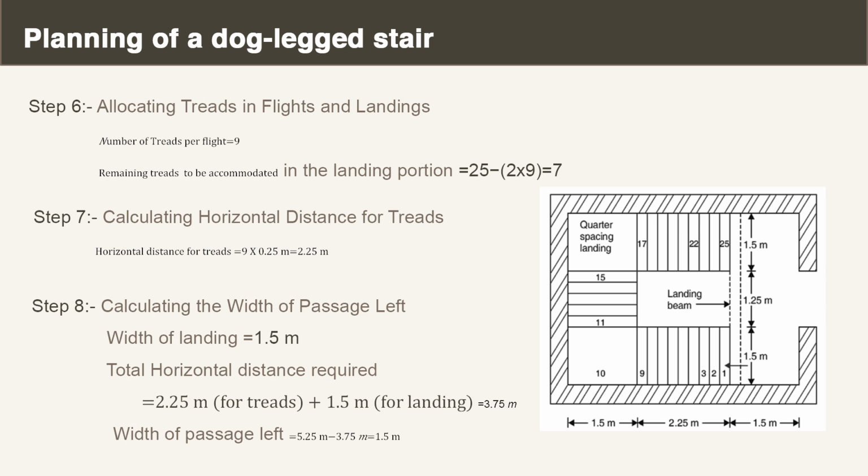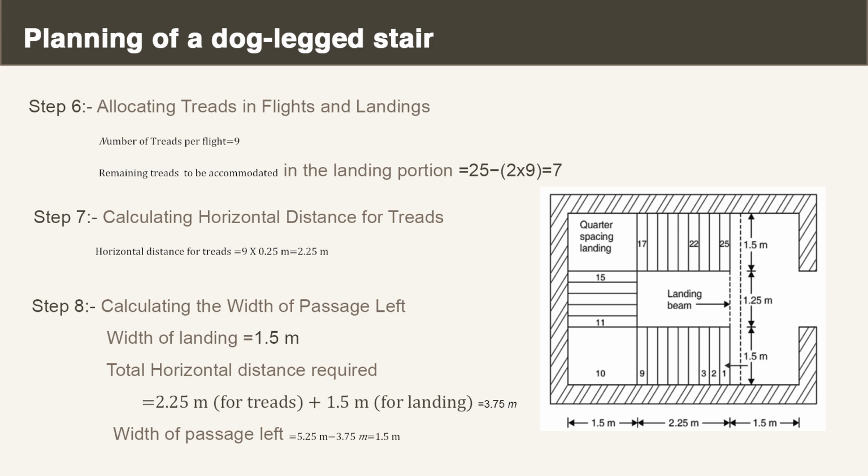So, step 7 is calculating the horizontal distance for thread. Width of each thread T is 25 centimeter. So, the horizontal distance required for threads in each flight is given by 9 into 0.25 meters, which is equal to 2.25 meter. Step 8. Calculating the width of the passage left.